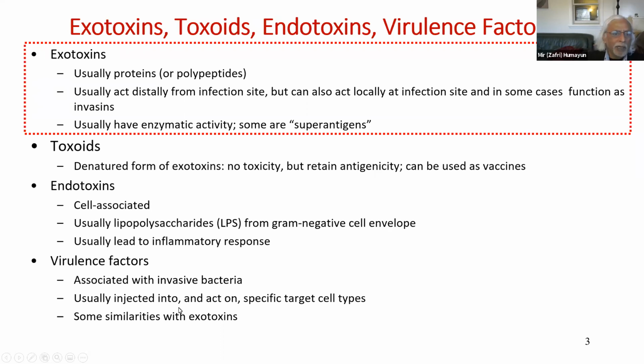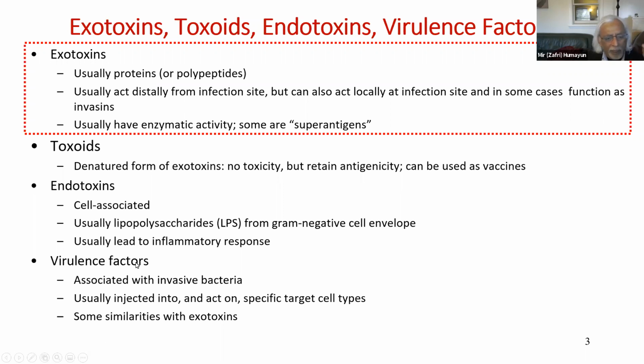Endotoxins, on the other hand, are cell-associated molecules, usually lipopolysaccharides in gram-negative cells, and they usually cause an inflammatory response. We're not going to consider endotoxins in this lecture. Virulence factors are those that are necessary for certain bacteria to invade into tissues, and these factors are usually injected into host cells, okay, into specific target host cells.